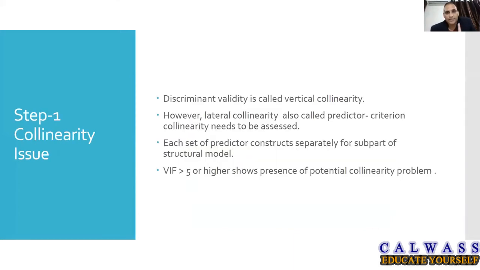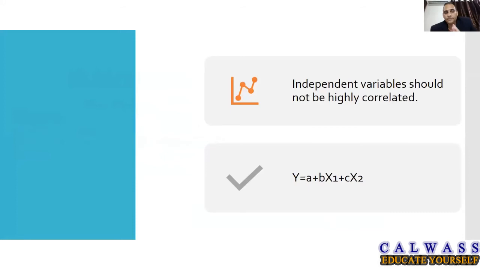The first thing is collinearity. Okay, what do we mean by collinearity? For example, we have a model like y = a + b x1 + c x2, right? Our independent variables should not be highly correlated.